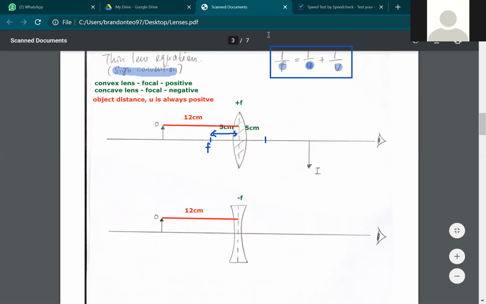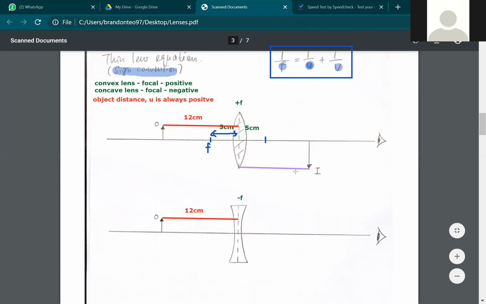Now, next one is the last one, the v. v is image distance. And same thing, you always measure the image distance from the center of the lens. So if I draw like this, I'm going to connect the line until the center here. Okay, let's use a different color, this color over here.